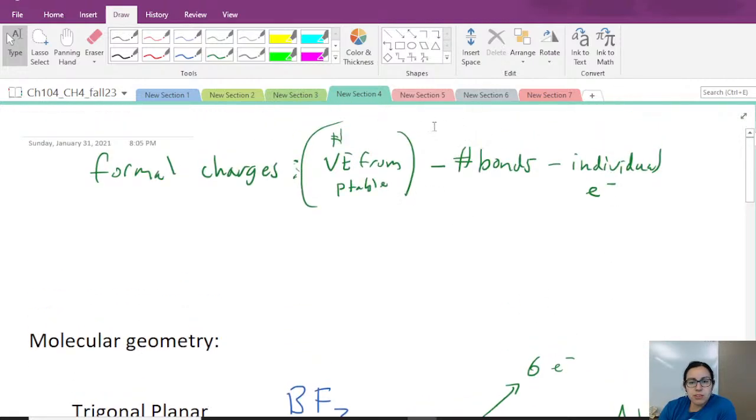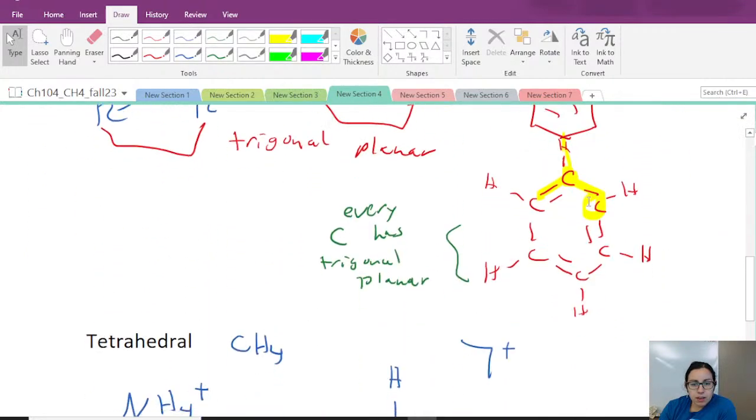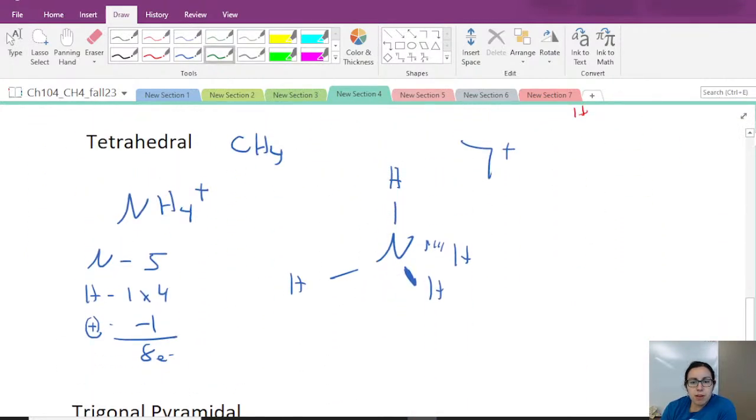Let's go through this together. Let's go back to our ammonium here, and do hydrogen for completion's sake. I'm going to write my little formal charge calculation out here.